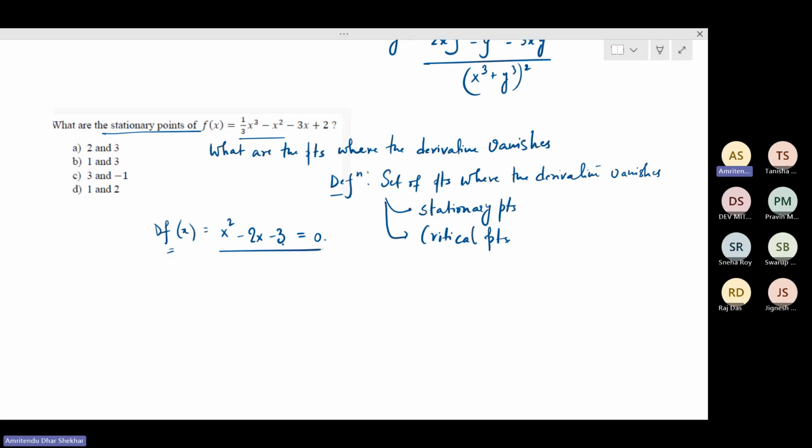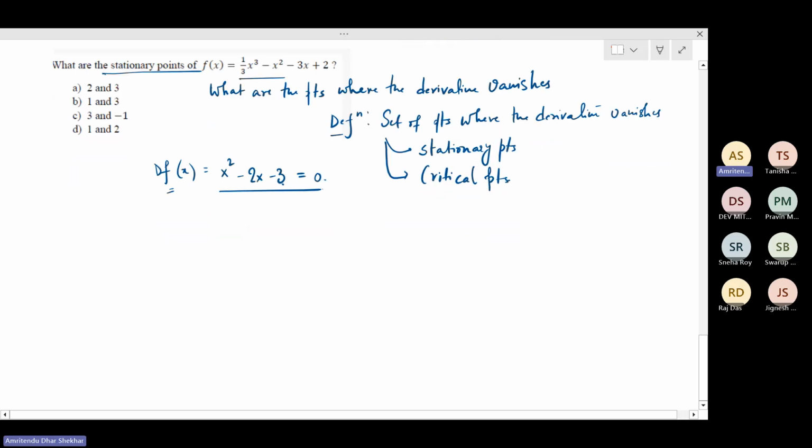Now, what happens if we are looking at a function of multiple variables? Say f from U, which is a subset of, let's say, R2, to R, is a function.